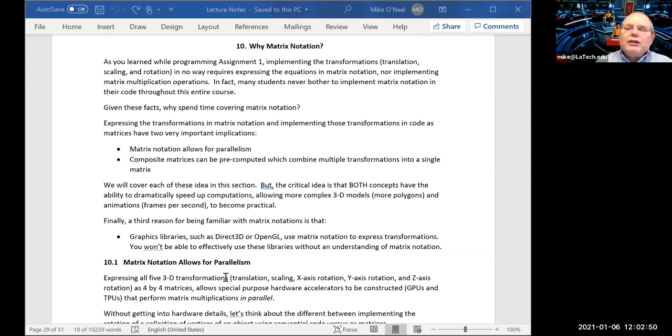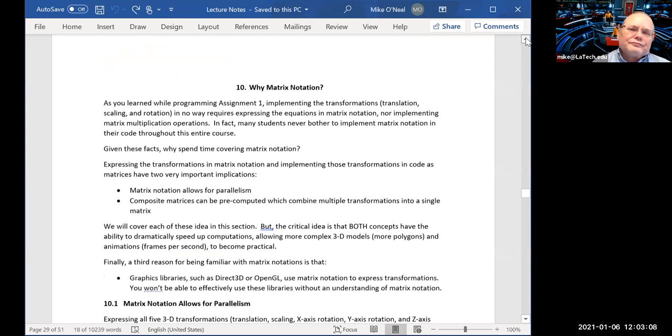Well, the deal is you're doing those two equations sequentially, but they're independent, so they could be done at the same time. And that's really what performing matrix operations allows you to do. It allows you to compute everything in parallel.